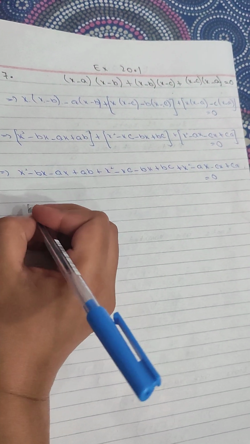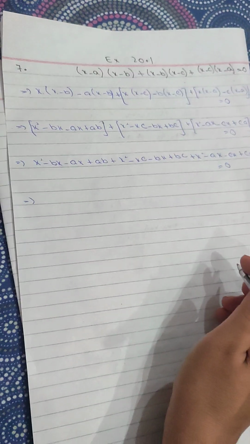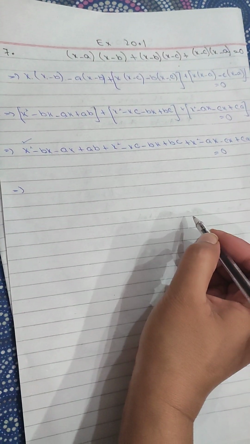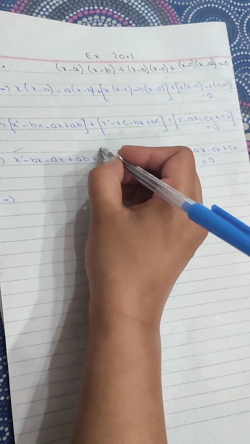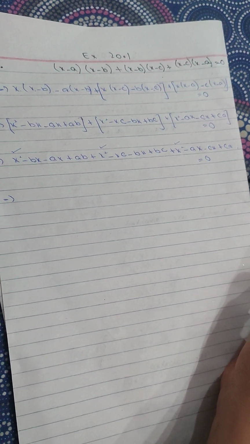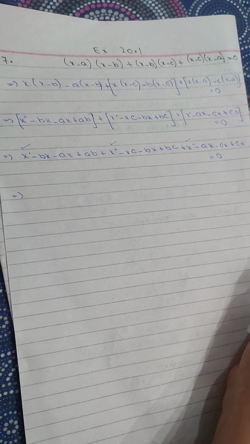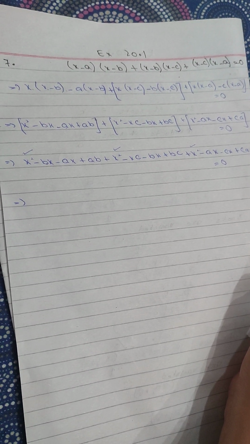We are going to create a quadratic equation, so all terms of x square will be written together. Here this is x square, this one is also x square, this is also x square, so it will be 3x square.